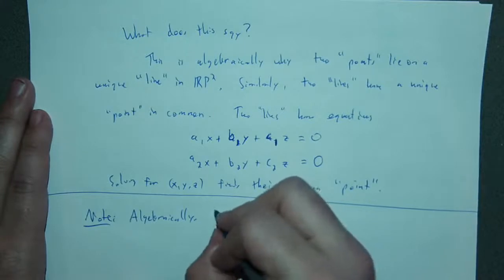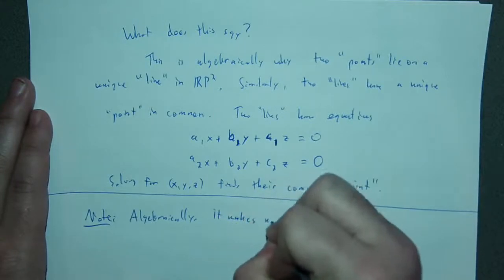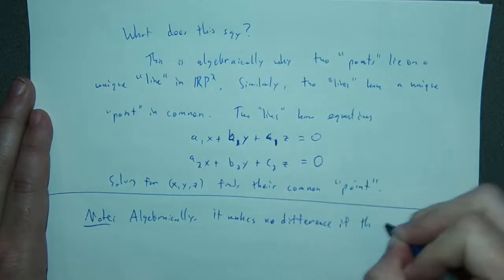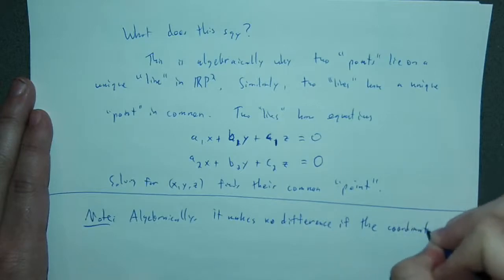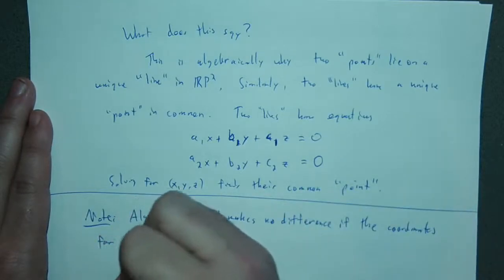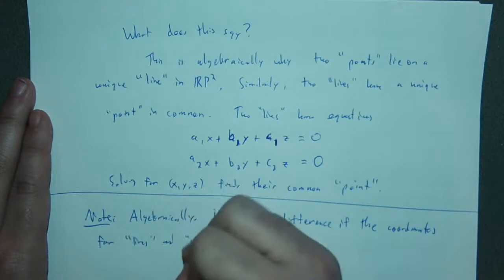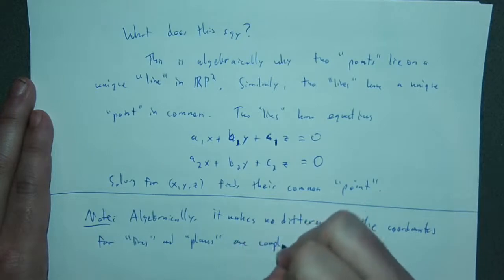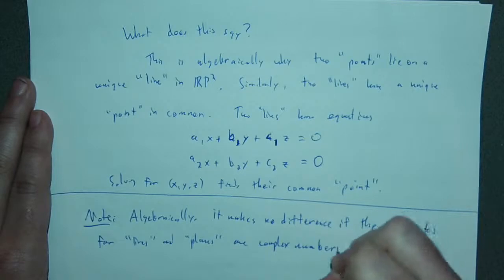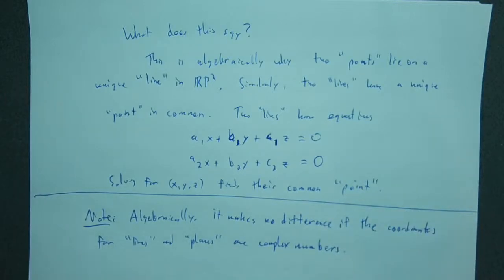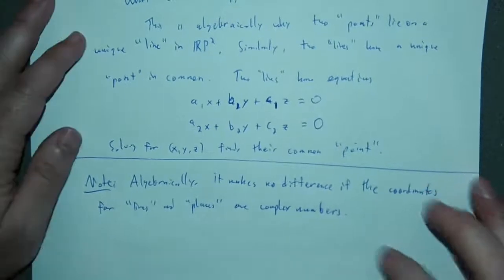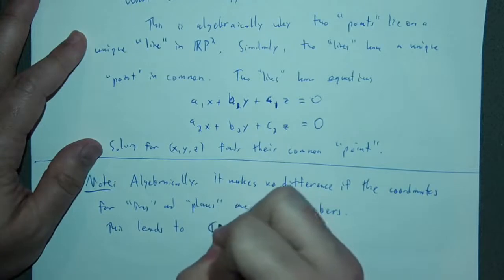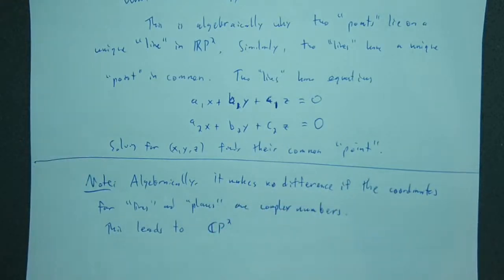It makes no difference if the coordinates for lines and planes are complex numbers. This leads us to CP2, the complex projective plane.